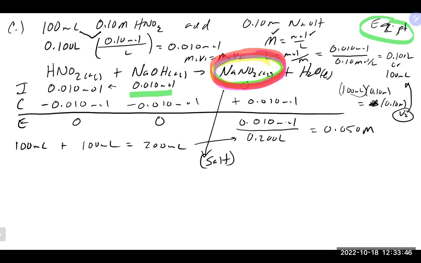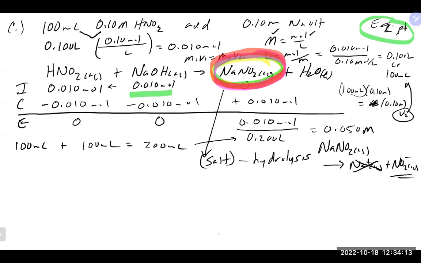And when we have a salt, we want to know, will it go through hydrolysis? And the answer is, it will, because it comes from a weak acid. So in this case, we have the sodium nitrite, which will break apart into a sodium ion, right? And a nitrite ion. The sodium is neutral, and it is the nitrite here that will go through hydrolysis.